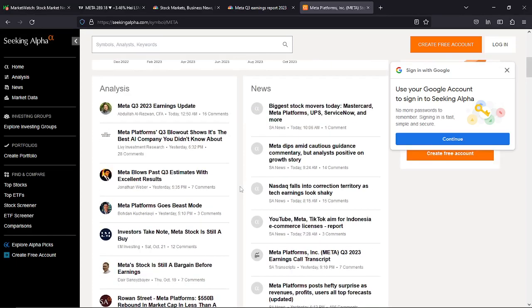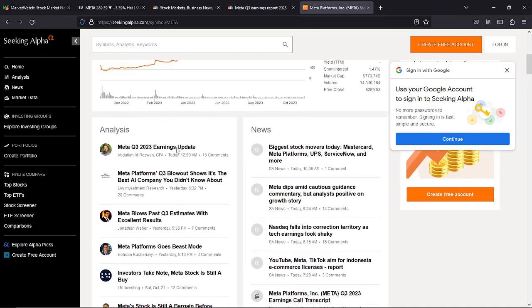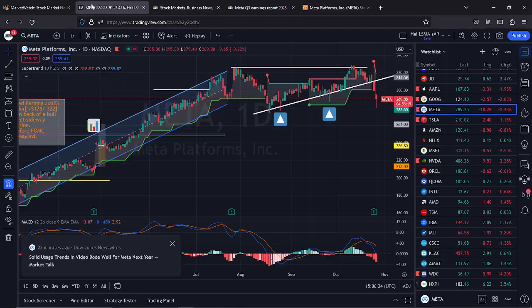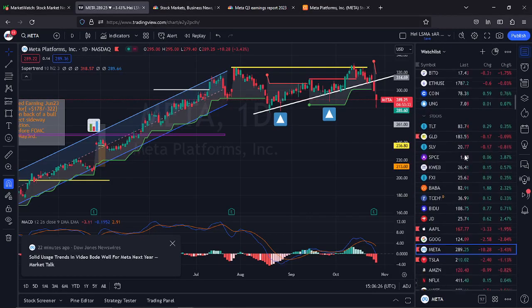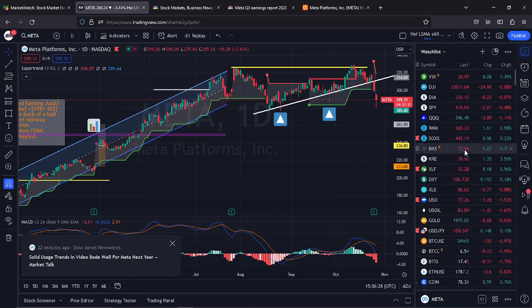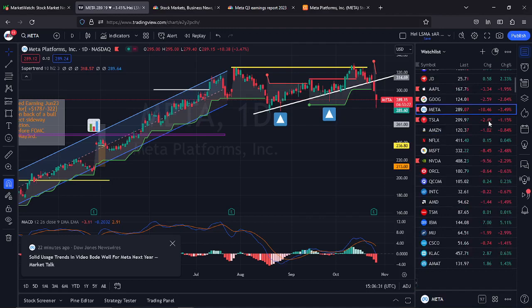Okay, so overall, let's look at someone who posts analysis, and then you can go in here and find the reason. Now, my question was: is it because of the market? The market is down 1%, so it's down slightly. But Meta is down 3%, 3.5%, much steeper.